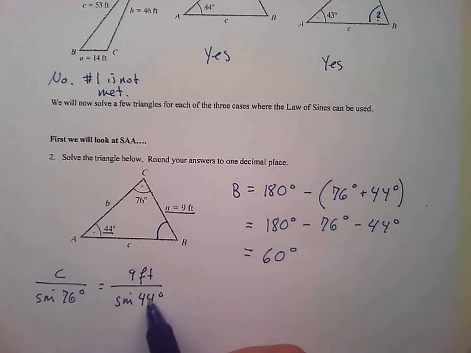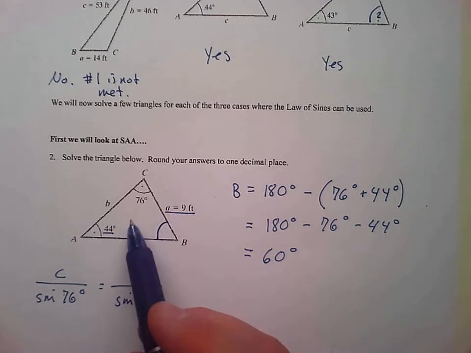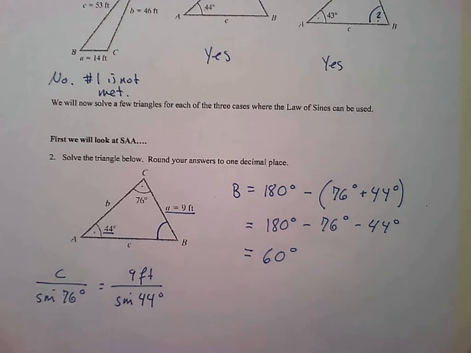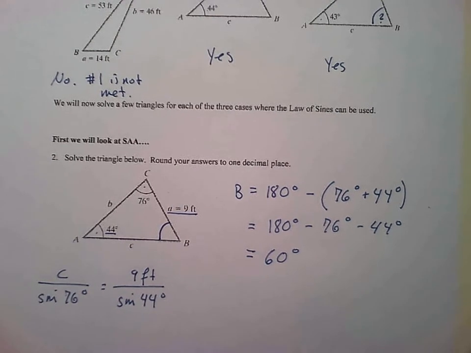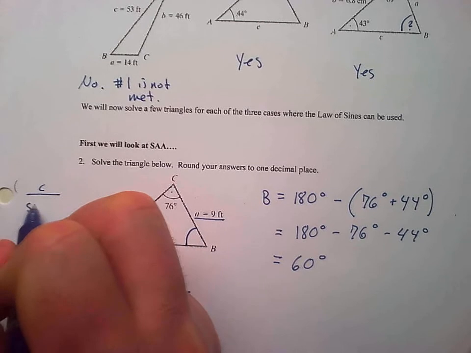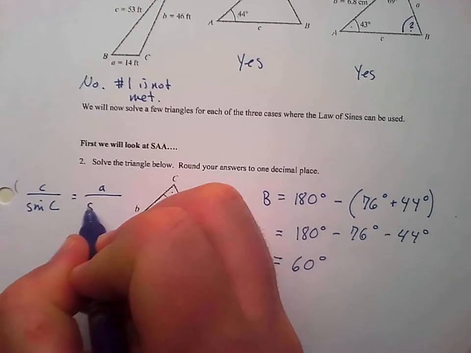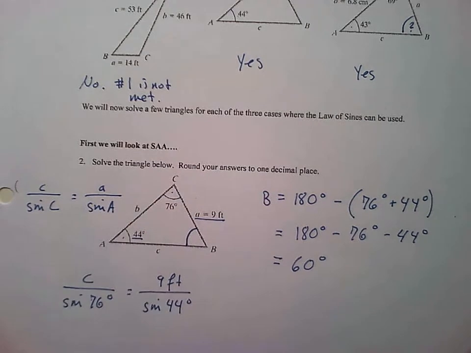This ratio right here is going to be the same as this ratio that we get from this angle on this side. Again, from the law of sines, we know that C divided by the sine of capital C is equal to A divided by the sine of capital A. That's simply what I'm filling into this side right here.